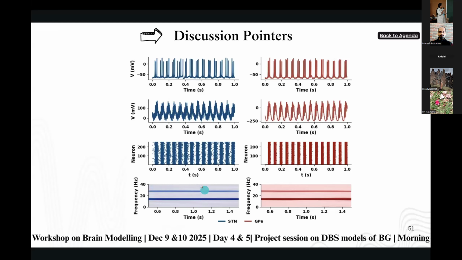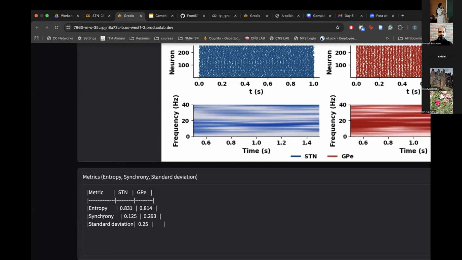For standard deviation, if I have all the neurons, I'll take 4 clusters of neuron activity and see the standard deviation or variance across those 4 activities. That is the standard deviation, which we have also used before. The other 2 metrics are synchrony and entropy. These are the 3 metrics we are using to calibrate your complexity. Standard deviation we already know. The other 2 metrics are entropy and synchrony.